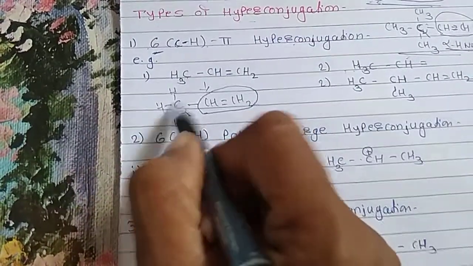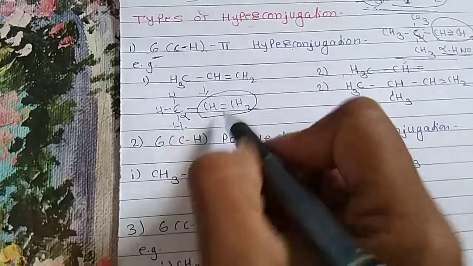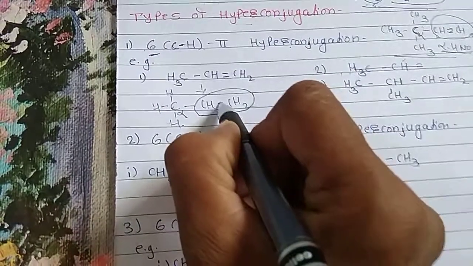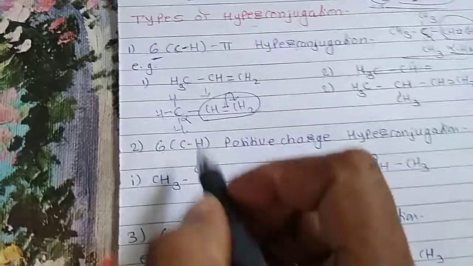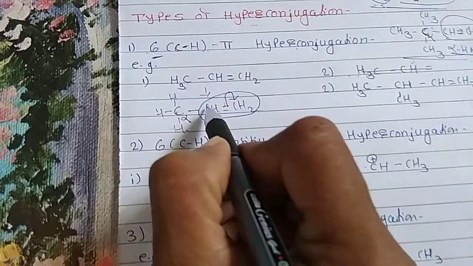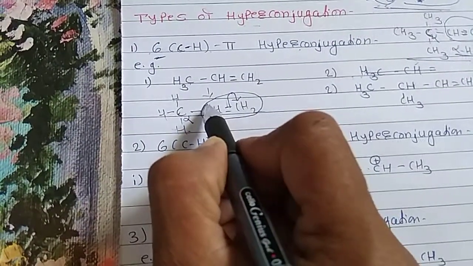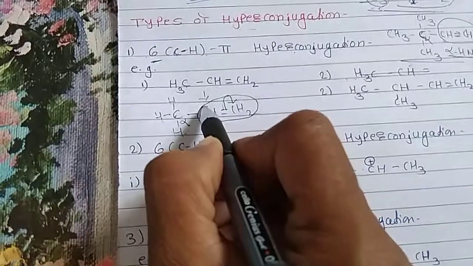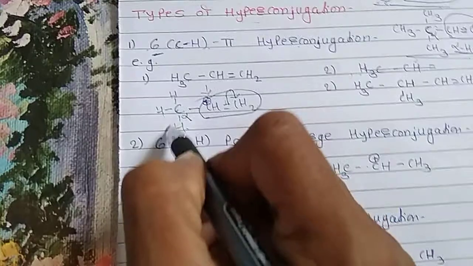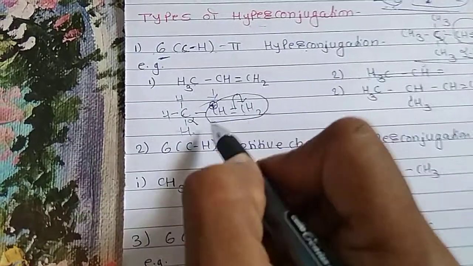There will be 3 alpha hydrogen atoms, so this bond is shifted towards this carbon, and then this bond shifts towards this carbon having the empty orbital. So there will be a positive charge, and this carbon has a negative charge.